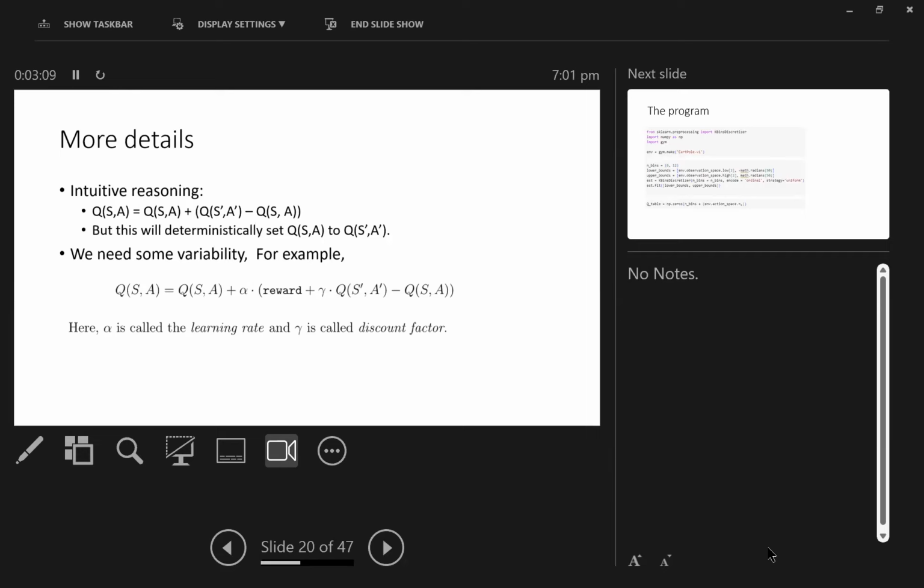You can imagine that the row corresponds to the current state of the environment, and the column corresponds to the possible action. The crucial point is that choosing an action is very easy. Just look at the row and choose the action that gives you the largest value.